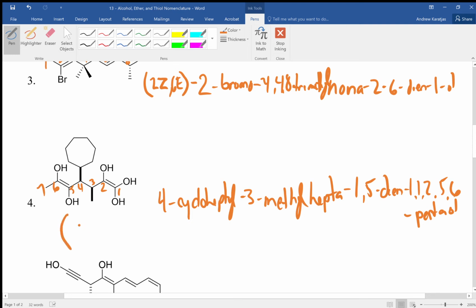For stereochemistry, the alkene at carbon 1 has 2 identical substituents on one side, so we can't do E and Z there. Three is chiral, 4 is chiral, and then the alkene at 5, we can see our higher priority groups, the OHs, are on opposite sides, so that's 5E.